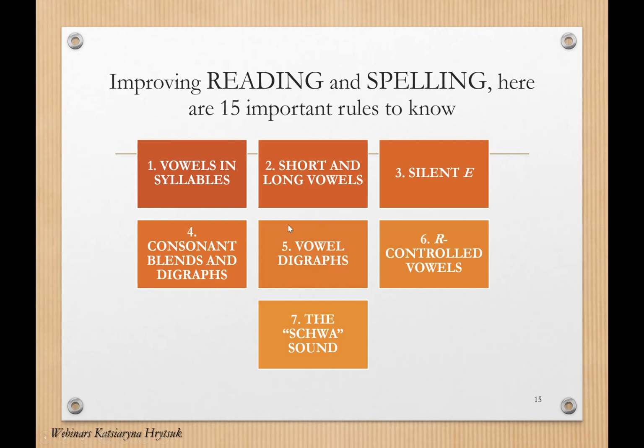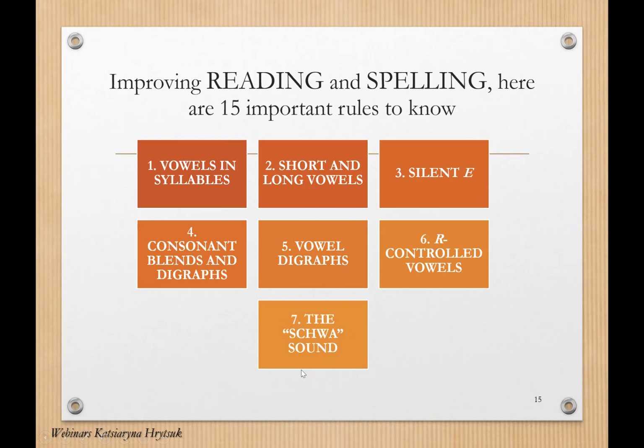Vowel digraphs, rule number 5. Everything will be explained, don't worry. Then we have R-controlled vowels. So this letter R, when we pronounce R, also be careful, because when you see this letter, it tells you that specific rules should be applied. Next one, the schwa sound.